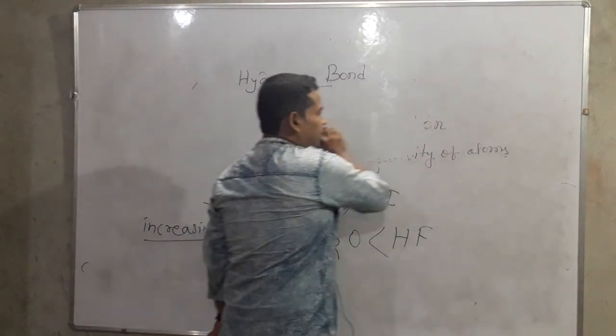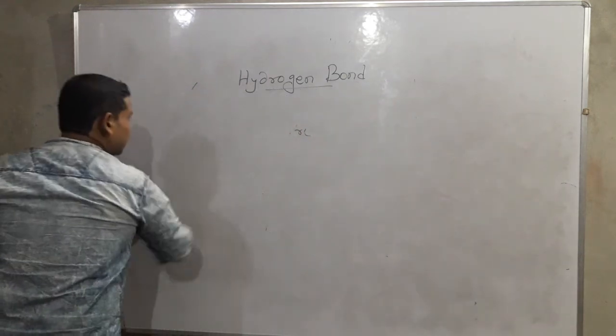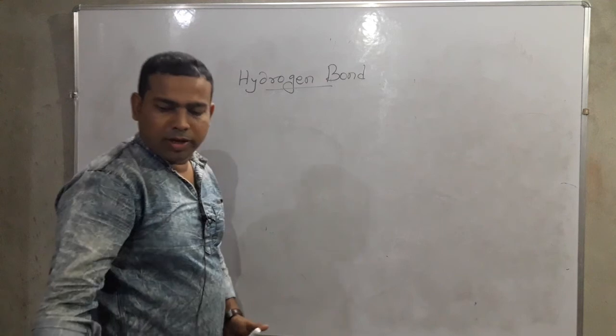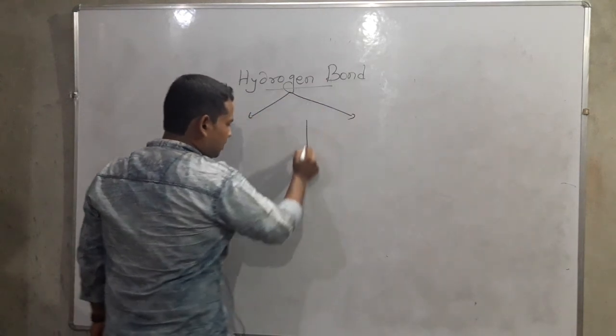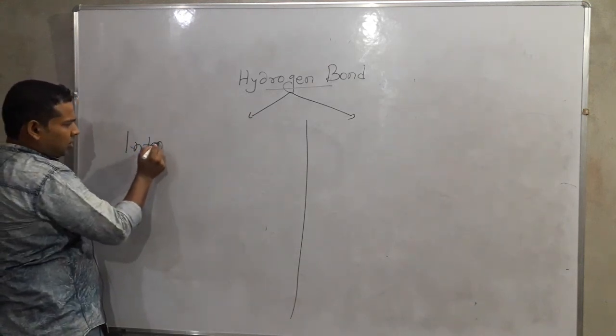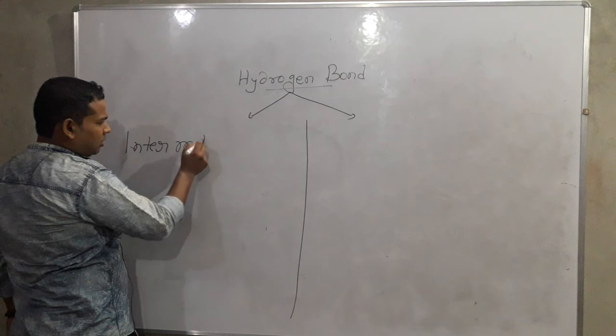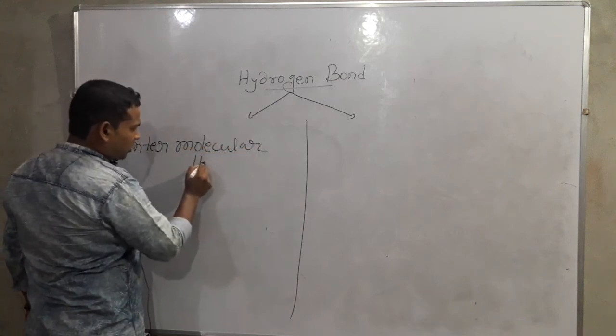Okay. So this hydrogen bond is divided into two categories. One is intermolecular H bond.